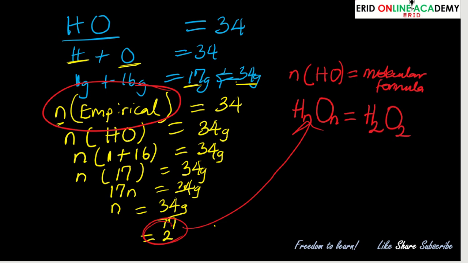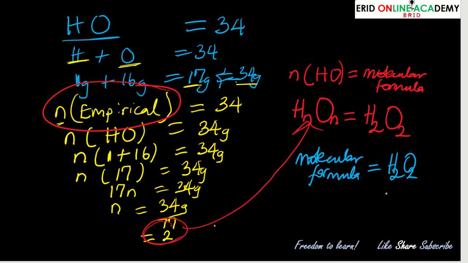Wow, H2O2. So our molecular formula is H2O2. We can see the differences again between the empirical formula and the molecular formula.